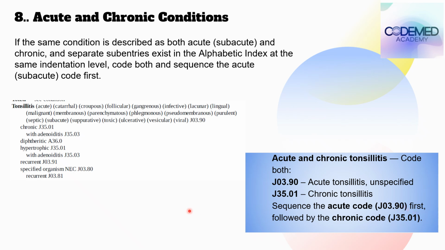Now in this case, if you have seen, we have the two sub entries, this is the acute and this is chronic. So in this case, I will code both because that's what the doctor diagnosis is, and I will code acute first followed by chronic because that's a guideline.